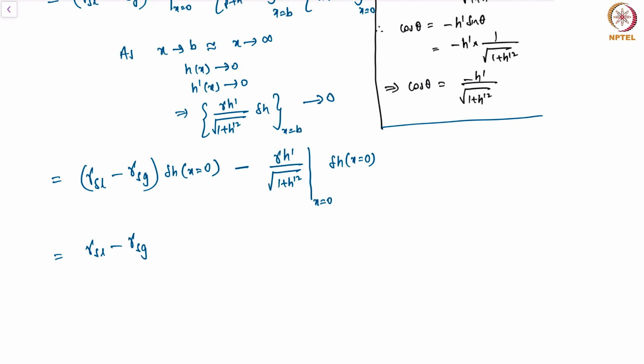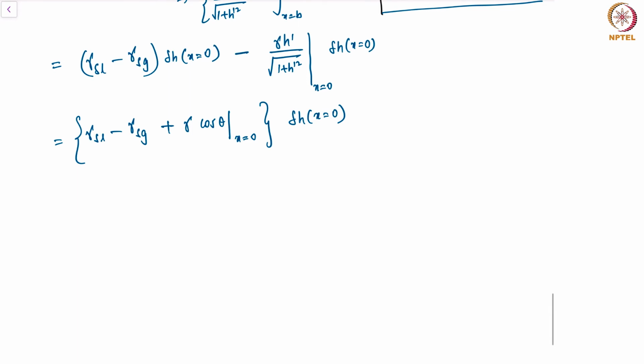So this is nothing but plus gamma cosine theta evaluated at x equal to 0, this whole thing multiplying delta H at x equal to 0.